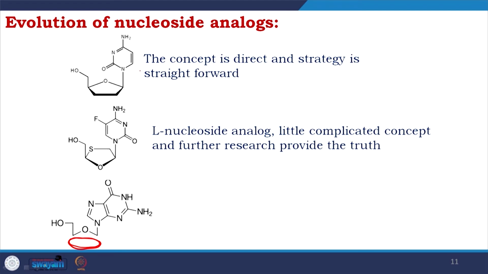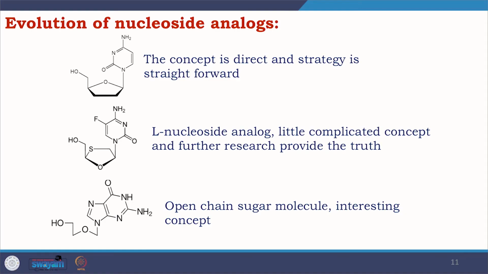So, this open chain has an even more interesting mechanism of how it very specifically kills the herpes virus. Herpes virus transmits a sexual disease and it was a terror. Now, thanks to those vir drugs, acyclovir, ganciclovir and all, you take one tablet and the virus would be totally killed.